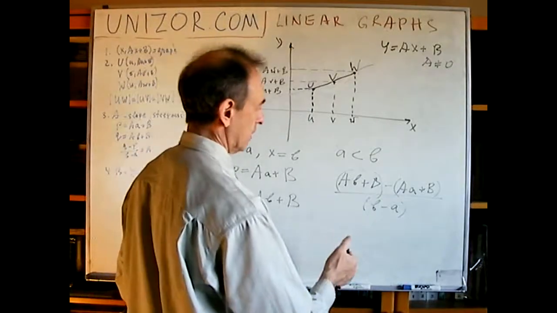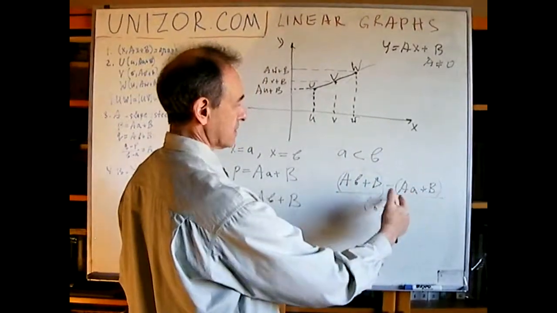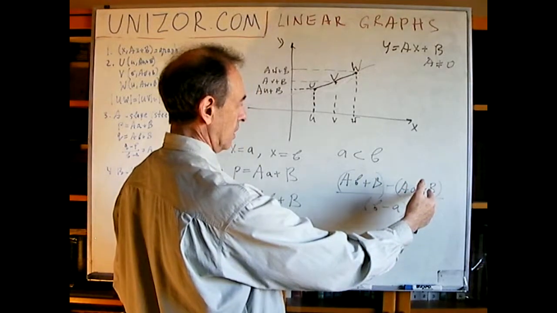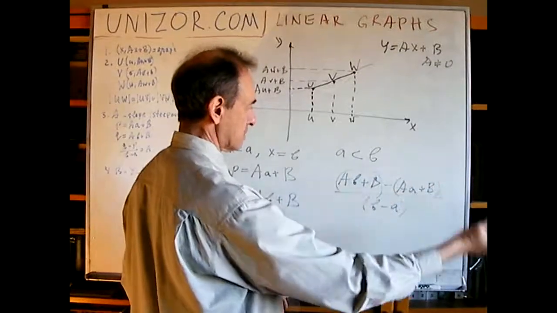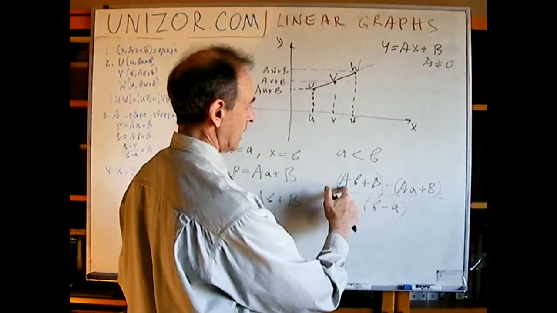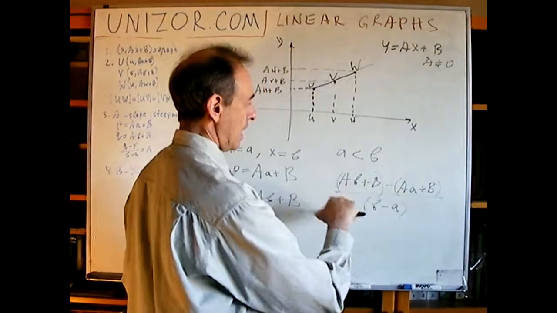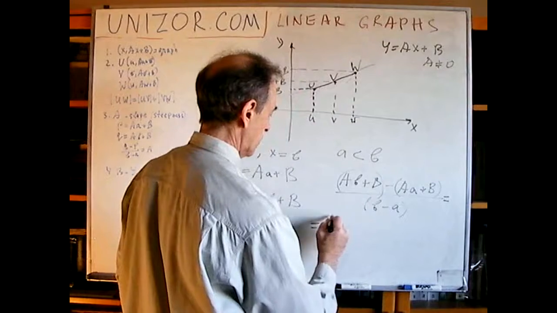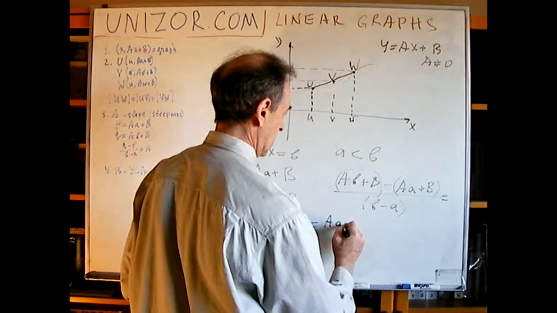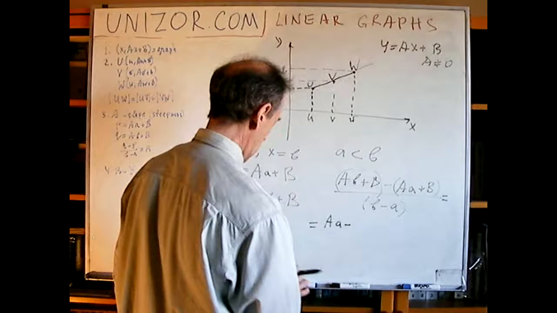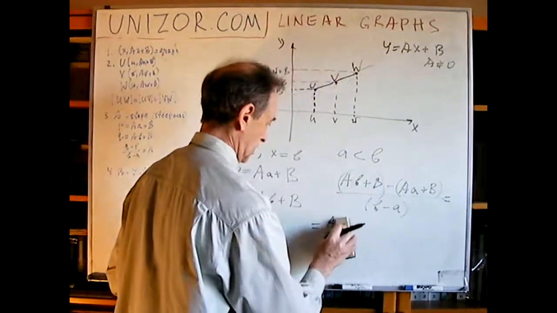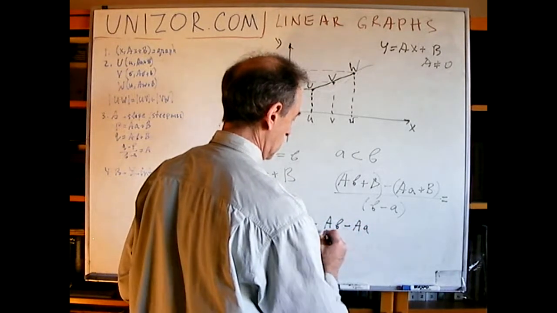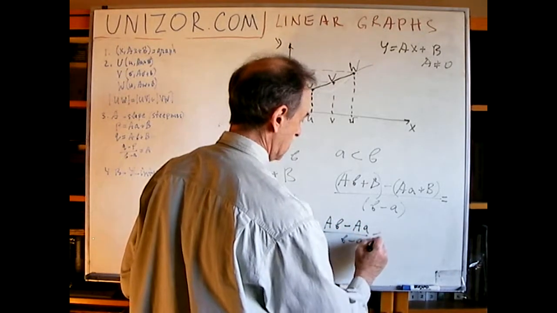Well, obviously, if you open these parentheses, it will be minus A times a and minus B. The plus B and minus B you can just get rid of, and you will have A times b minus A times a, so it will be Ab minus Aa, divided by b minus a.